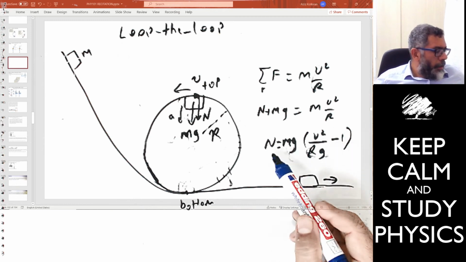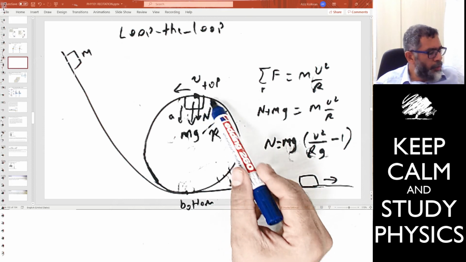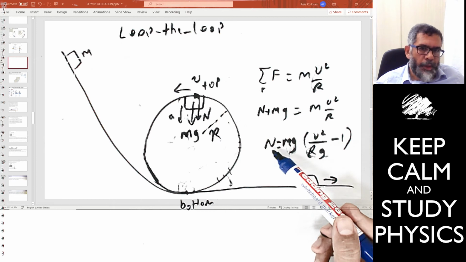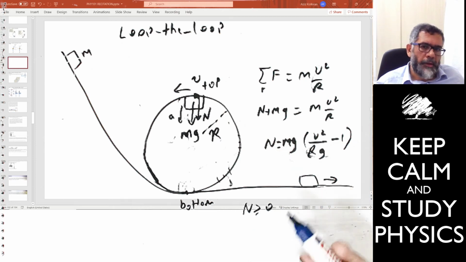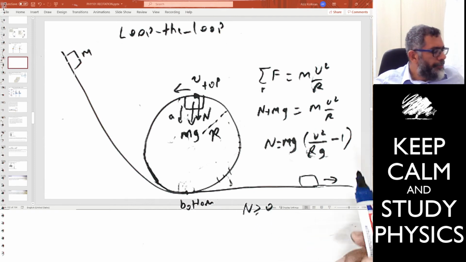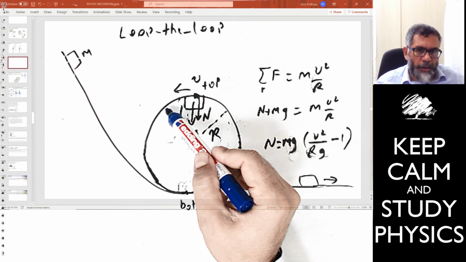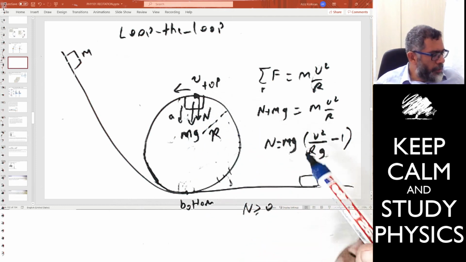We want the object to go through this point without losing contact. That means we want N to be larger than 0, or at minimum equal to 0. From the top point on, the object starts increasing its speed again, so there is no danger after that.